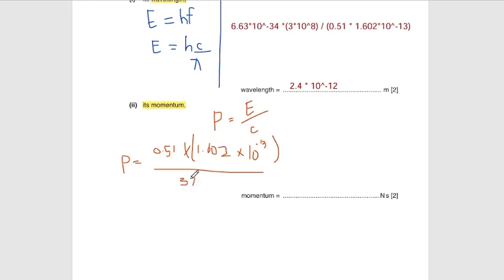And when you put this in the calculator, the answer you should be getting is 2.7 into 10 raised to the power minus 22.